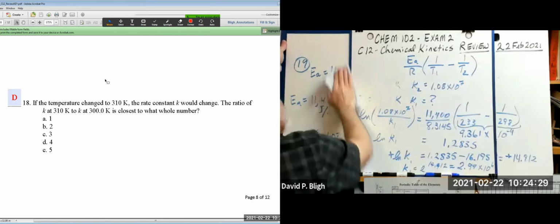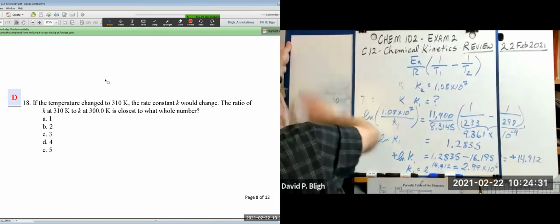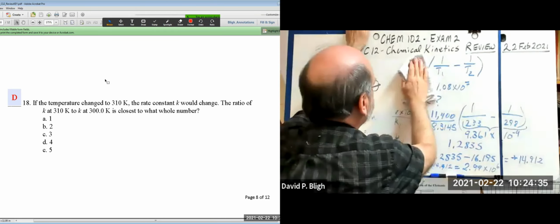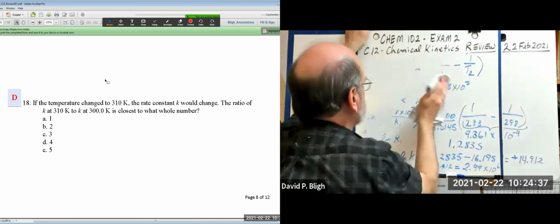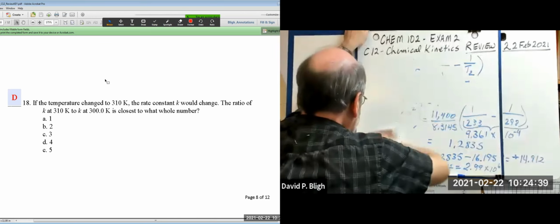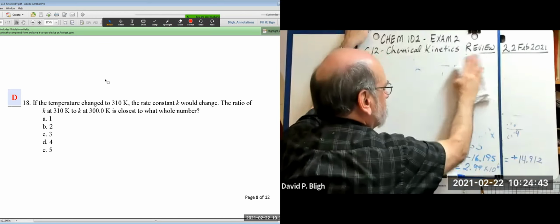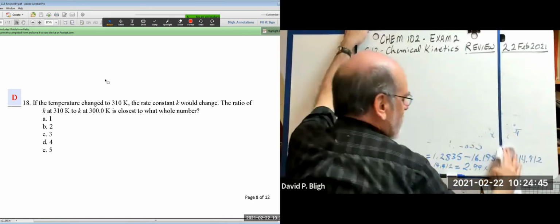Or law, as the case may be. Oh, I should have left that up there. We're going to need the Arrhenius equation. Well, actually, we're not going to need that one. I'll explain in a second.